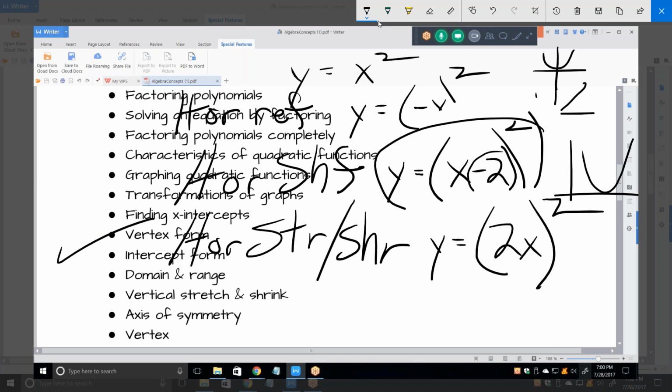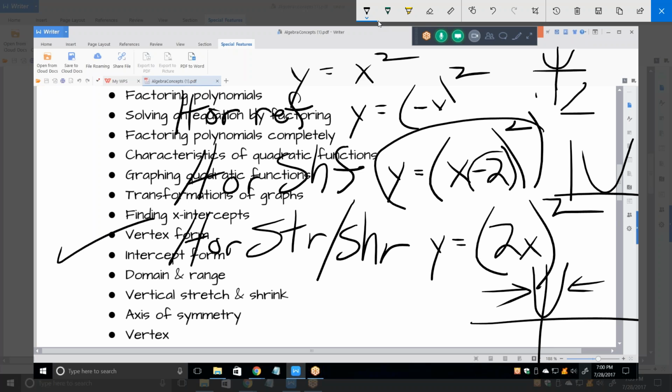So if I want to plot y equals the quantity 2x squared, that's a horizontal shrink. Looks like that. It's as if I pressed on the sides of the parabola.